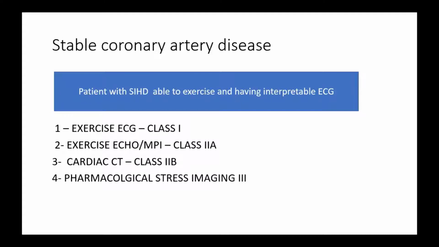So it applies the same, actually. The patients with a stable ischemic heart disease who are able to exercise and having interpretable ECG. Again, here, the little modification is that the same applies for those with intermediate risk.